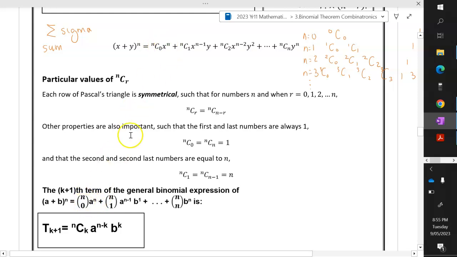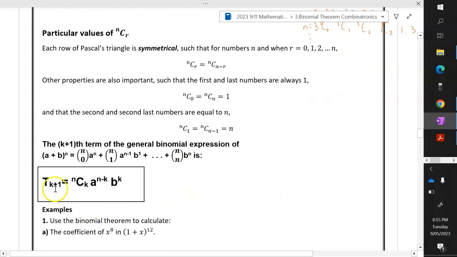Instead of x to the n, we've got a to the n, but otherwise that expansion is just a different version of this one here. But what we're saying here is that the k plus 1 term, or term k plus 1, is equal to nCk a to the n minus k b to the power of k in this expansion here.